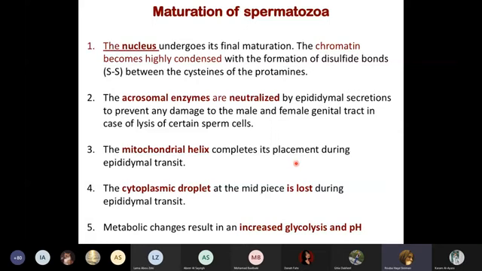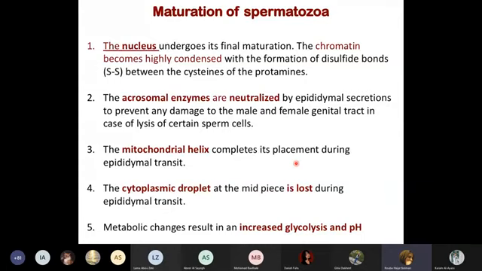The chromatin will form disulfide bonds more and more between the cysteines of the protamines. This already started in the testes, but it will be more prominent, more important at the level of the epididymis, so that the nucleus undergoes its final maturation. This is the last shape of the nucleus. It will not undergo more compaction later on.